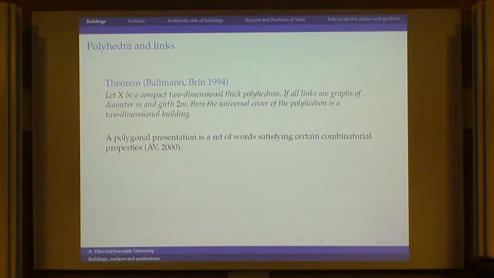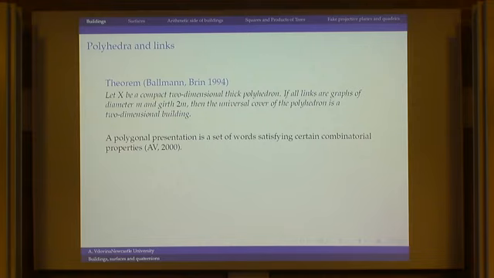And why it's nice to construct such polyhedra with given links: of course maybe this fact was known in the community, but I think it's a nice reference. It's a paper of Ballmann and Brin in Publications of IHES of 94.